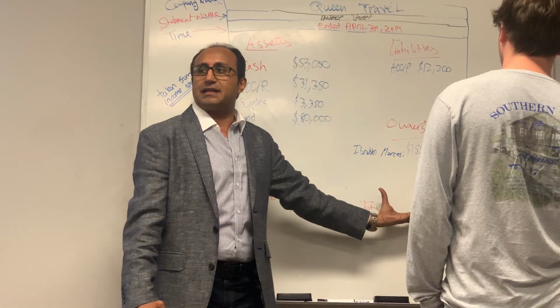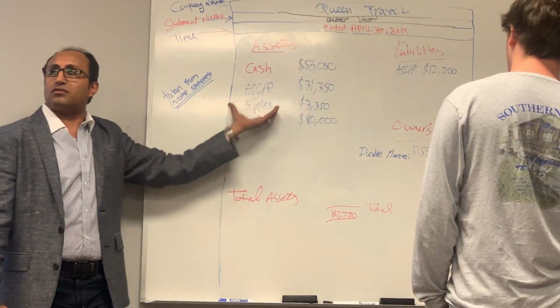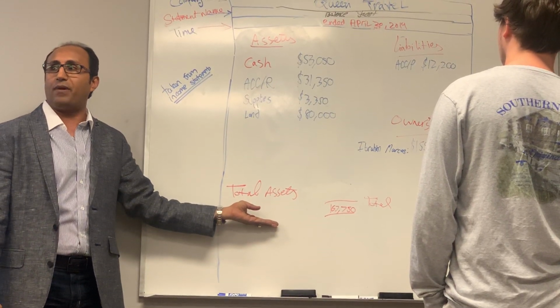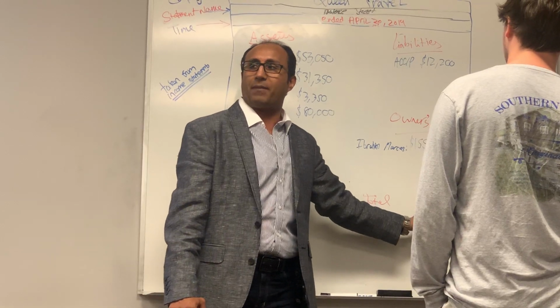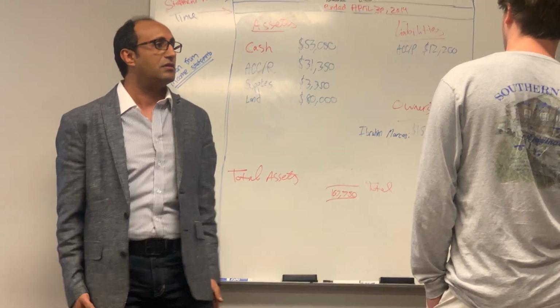Count this section and also this section. The total assets must equal the total liabilities and owner equity. That's it. The balance sheet is finished. Thank you, Chris.